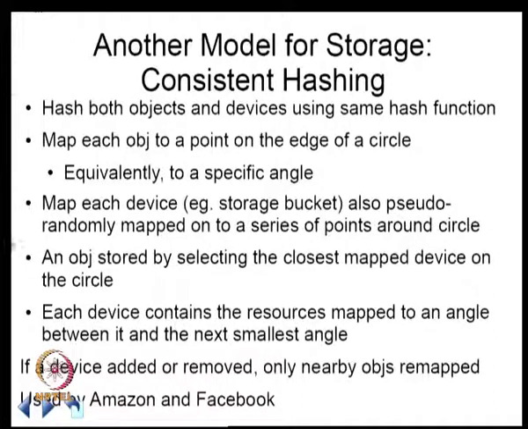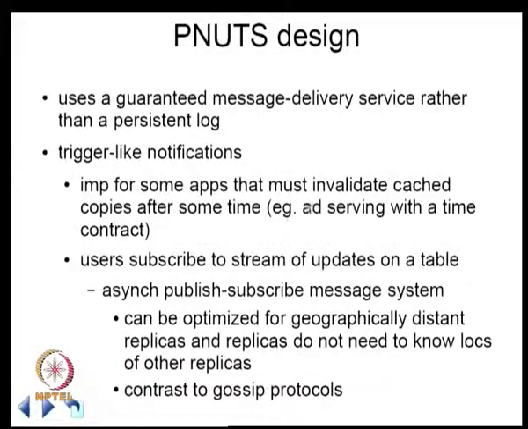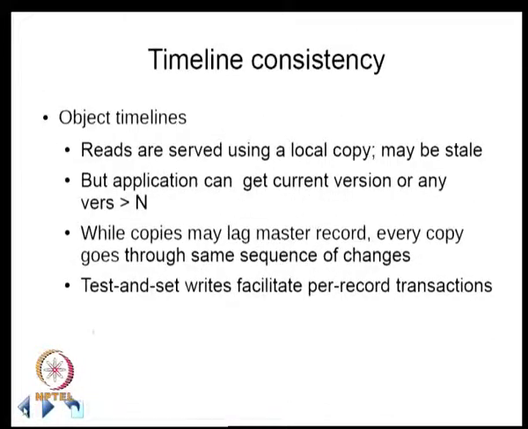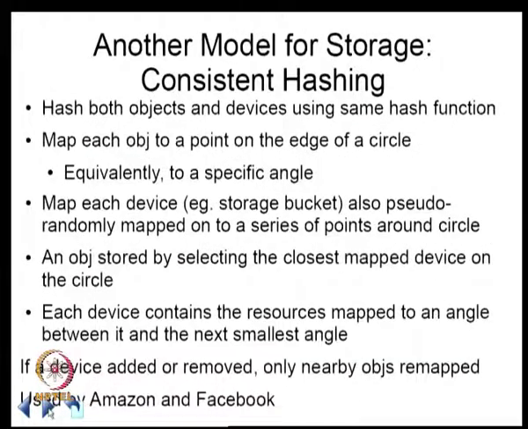Now, if you look at the previous systems we talked about, GFS and Peanuts, etc., they basically have the model of one particular system, like the master, which keeps track of where the actual tablets are, or where the various 64 megabyte chunks are, etc. They manage all those things.